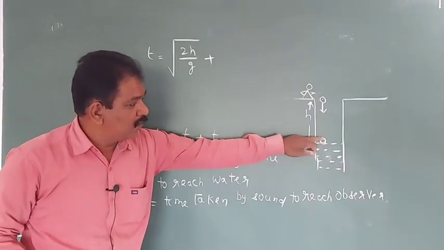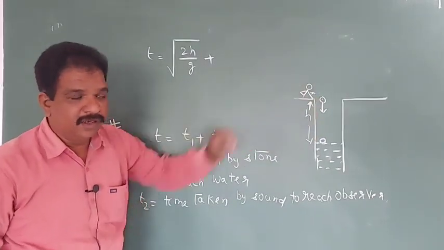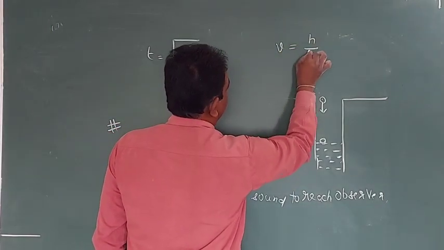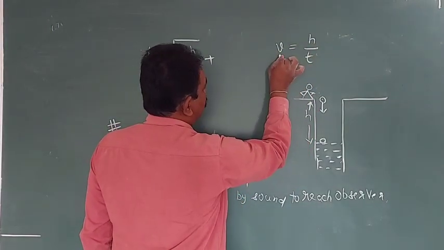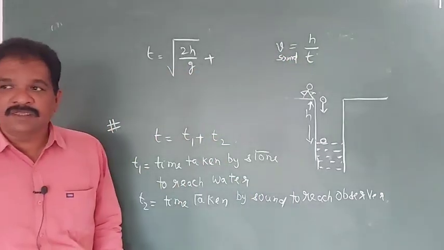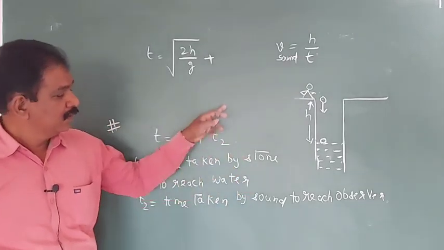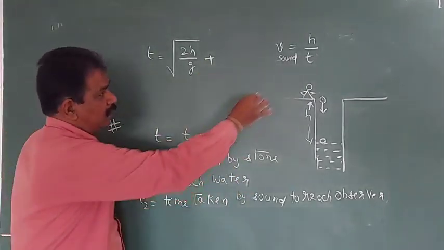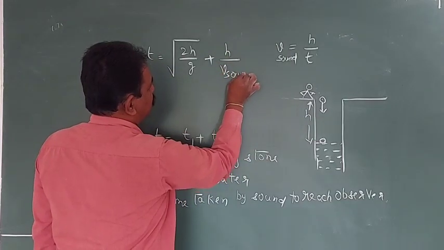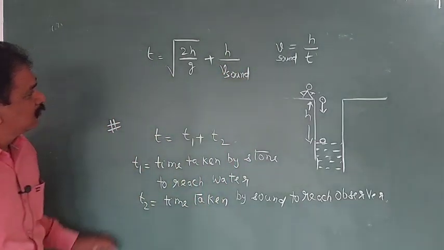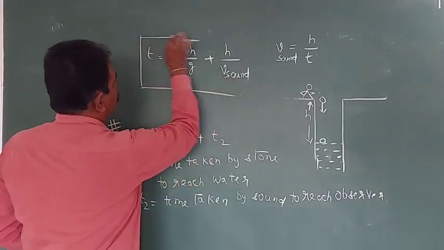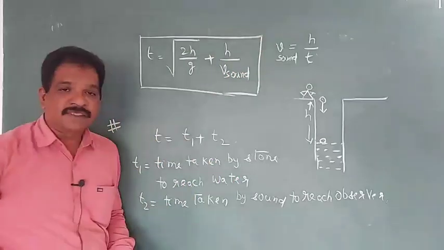The sound is traveling in the air, so velocity is equal to distance by time. Velocity of sound in air is constant. So from that T2 is equal to h by v sound. So this formula you have to use whenever you see these lines.